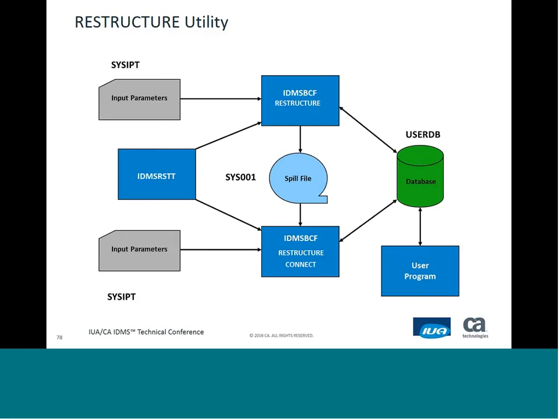Now, some changes to the database can't be finalized by the Restructure utility. For example, if you're adding a new field to a record, in that particular case, we can initialize that field with a single value. Let's say you pick X5 as the new field. We can put all zeros in it, we can put blanks in it, we can put all A's in it, but we can't identify if there's a different value for each individual record occurrence that's on the database.